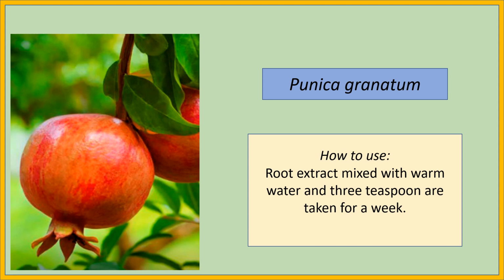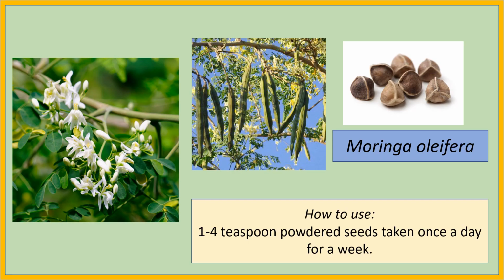Here again, this is pomegranate or Punica granatum. The root extract is mixed with warm water and 3 teaspoons are taken for a week. A very effective way. Here this is Moringa oleifera or drumstick. The powdered seeds are taken, about 1 to 4 teaspoons, for about a week.